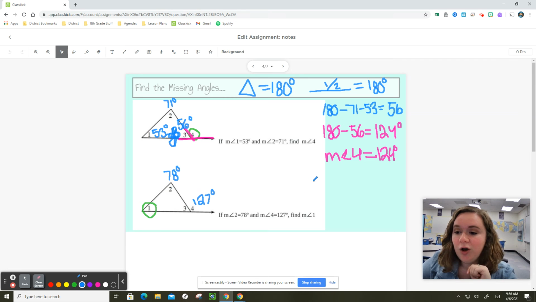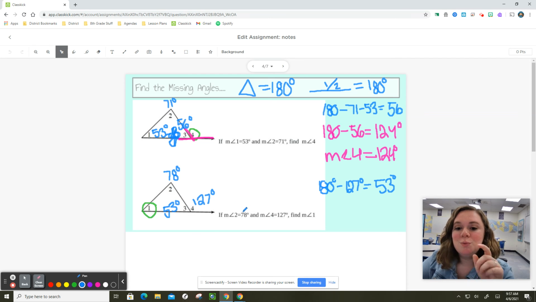First step, I know for a fact that when I add the angle of 3 and the angle of 4 together, it will equal 180. So 180 degrees minus 127 degrees, what does that equal? That equals 53 degrees. So angle 3 is equal to 53 degrees. Now I have two interior angles and I'm looking for my third interior angle.